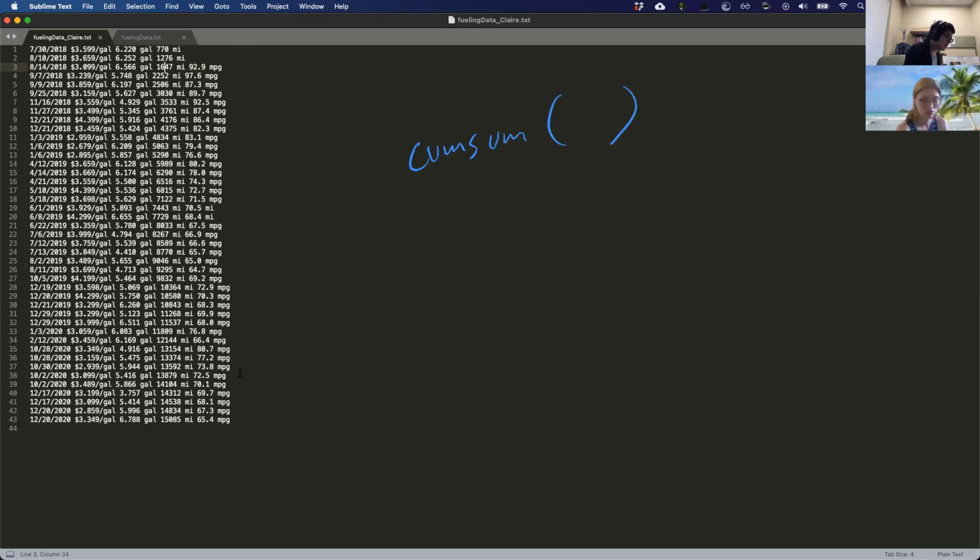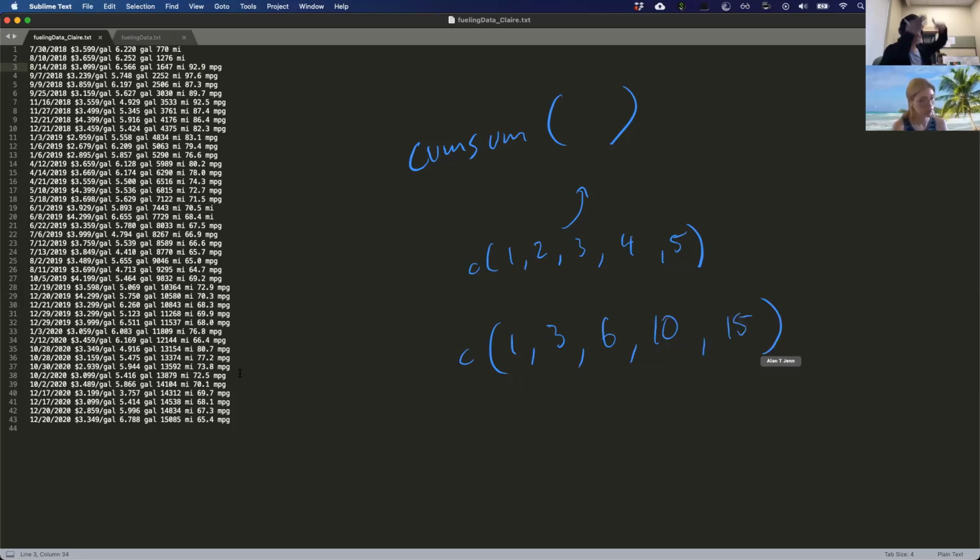And the way this function works is if I put in as an input 1, 2, 3, 4, 5, the output will be 1, 3, 6, 10, 15. It will create a vector that adds everything entry by entry cumulatively for you.